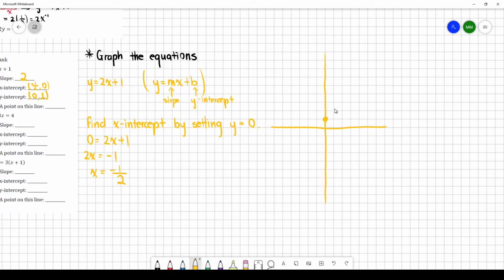Now the slope is 2. That means when you go right 1, you go up 2. So there you go, right 1, up 2. There's your point, so you can connect the points. I'll connect mine like this.